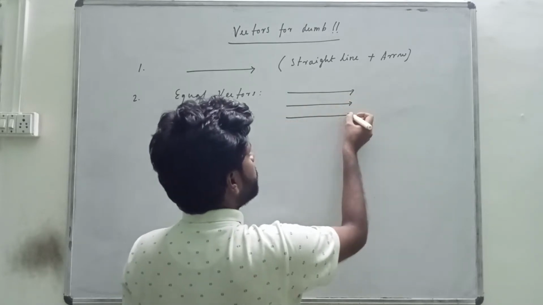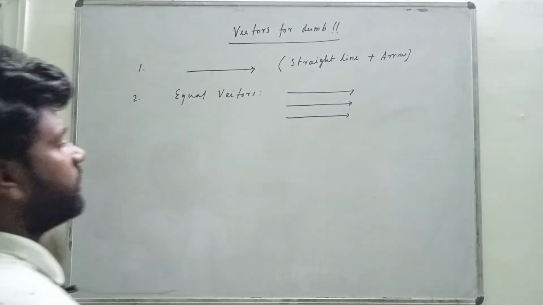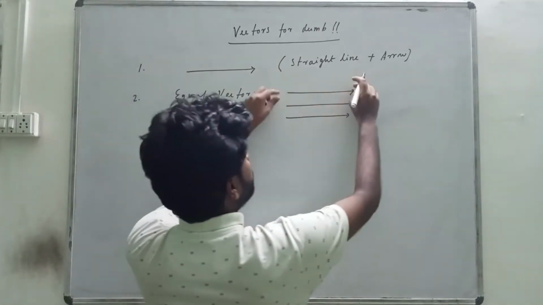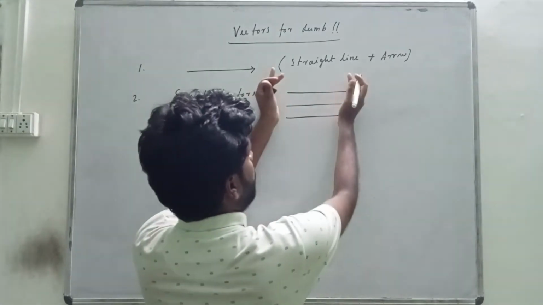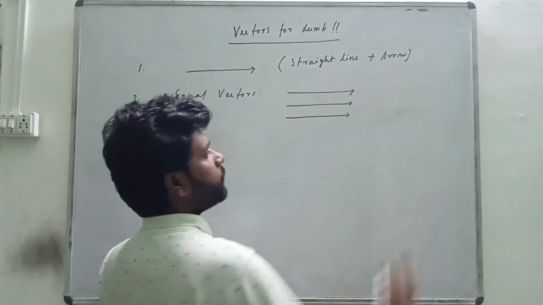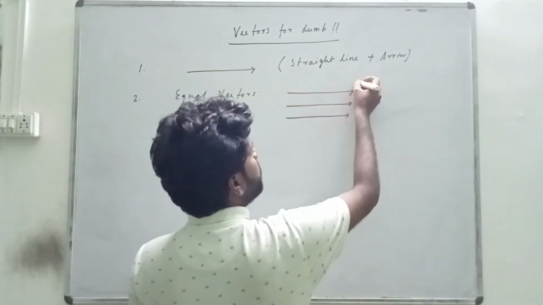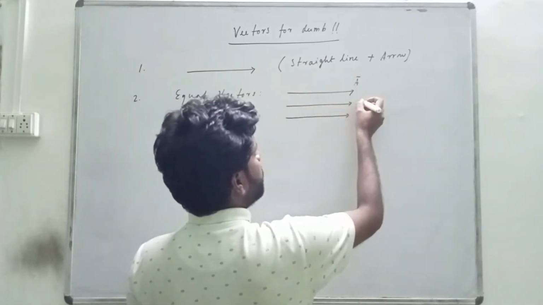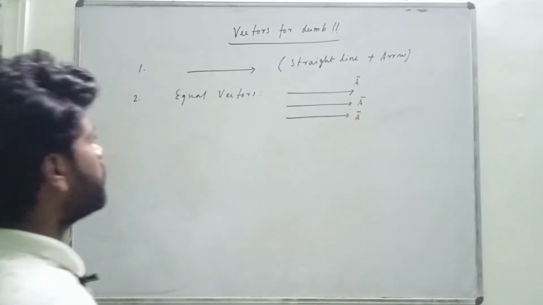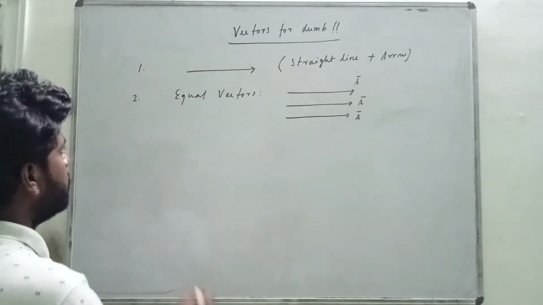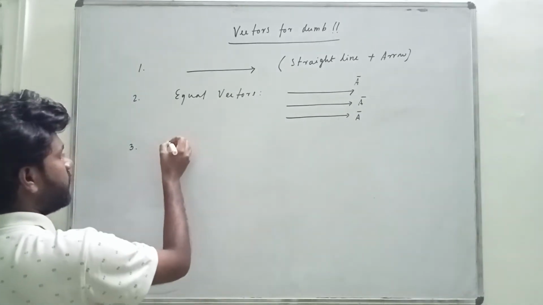So these three here represent equal vectors, right? The length of the straight line here will be the same, and the directions of all vectors are towards east, right? It's very simple. If you call it A, obviously this is A, this is also A, right? So it is our equal vector set, and number 3 was opposite vector, right?